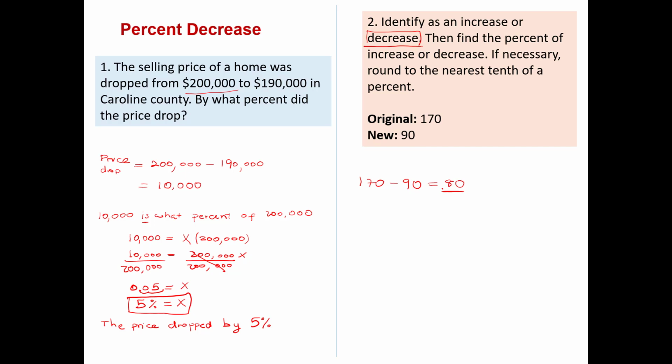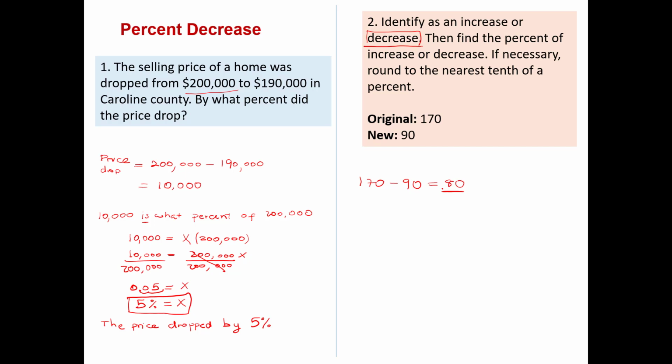Yes. Now we need to calculate the percent. Then we can now ask the question. Now, 27 is what percent of the original price, which is 117.